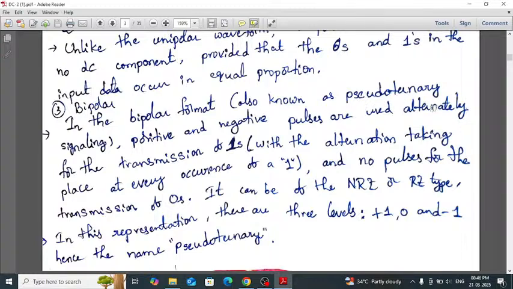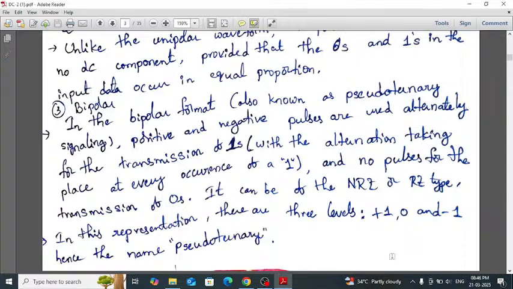Pseudo ternary logic, which is also called as AMI format. AMI, capital A, capital M, capital I. Alternate mark inversion.